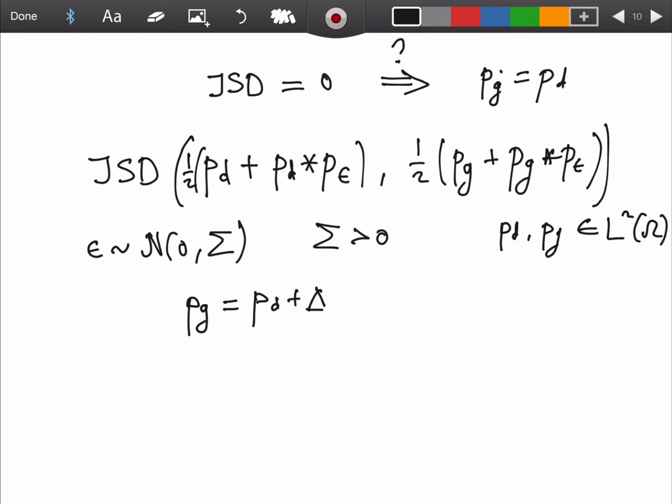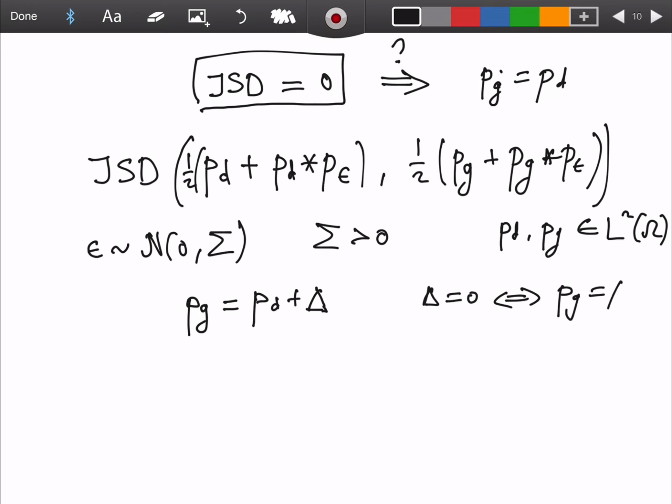Essentially I would like to show that whenever this happens, delta must be 0. So delta is 0 if and only if PG equals PD, right? Delta is a function of x. Obviously, this function is also square integrable on omega, quite simply.